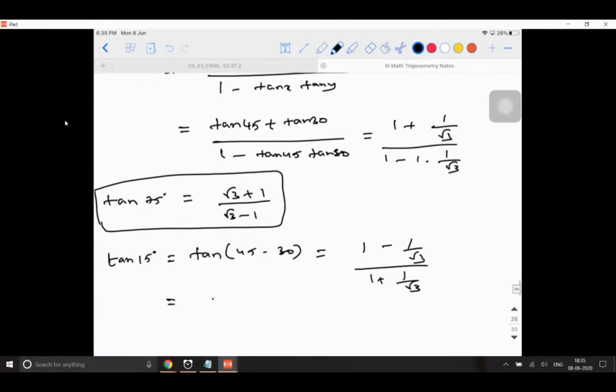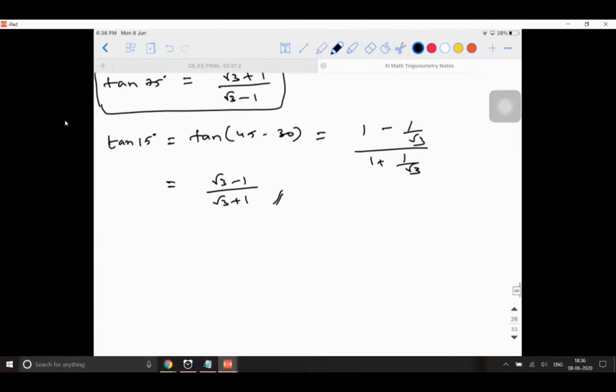That's right. So you'll have root 3 minus 1 divided by root 3 plus 1. That is the answer. Okay, Nitin, good. So I hope things are clear till this step.